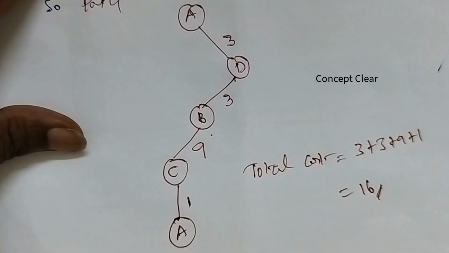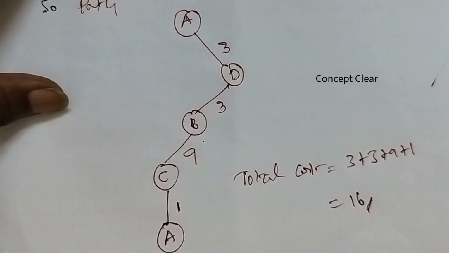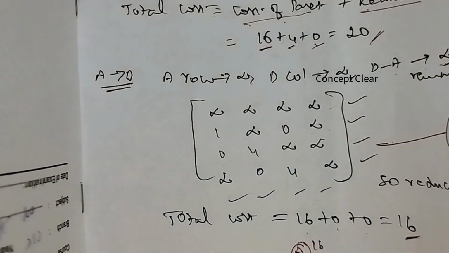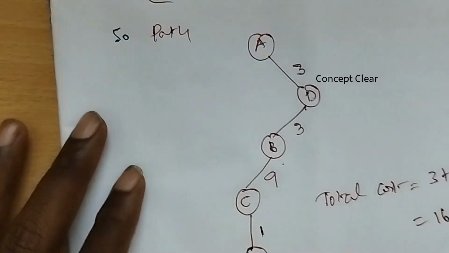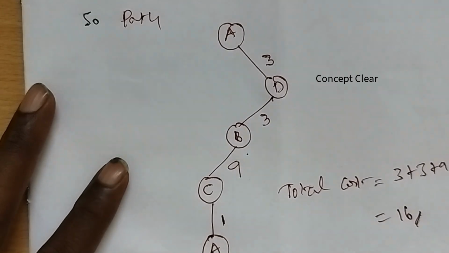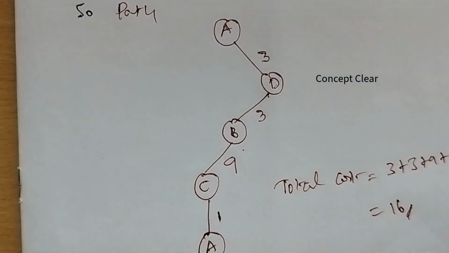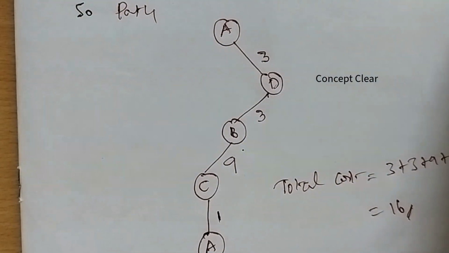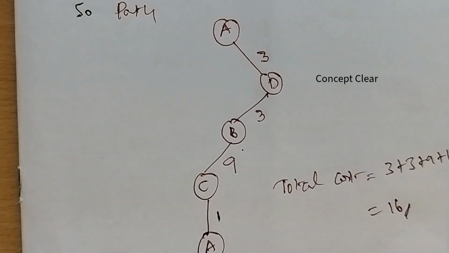So, according to our example, if a traveling salesperson travels from A to D, D to B, B to C, C to A, then he will get a total cost of 16.